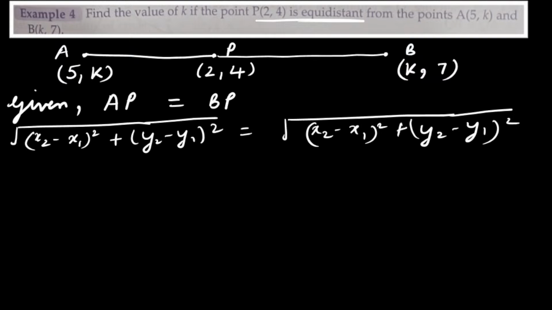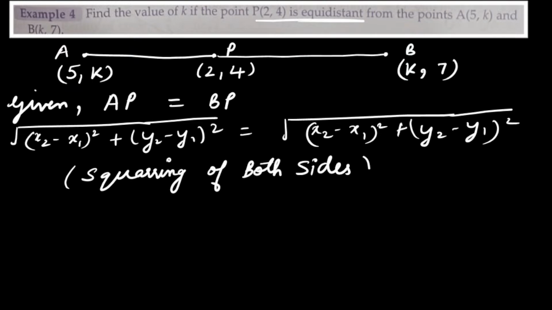In the previous question only one side had a square root, so we were just sending the square root to the other side. Whenever the square root is on both sides, we will square both sides. So I have done the whole square on this side and on this side also.